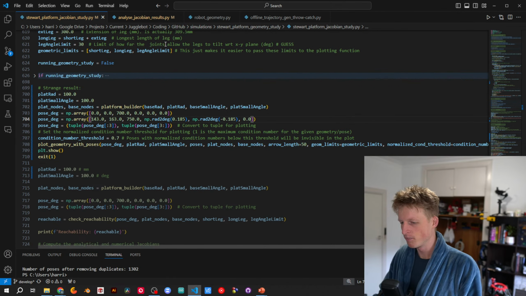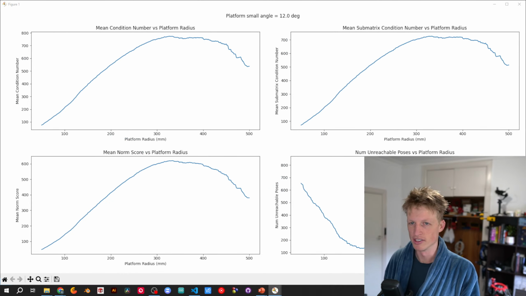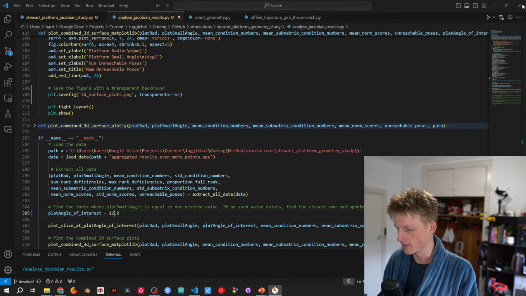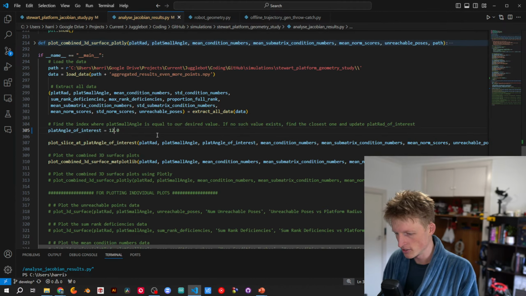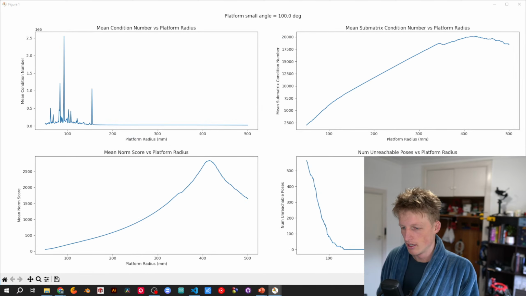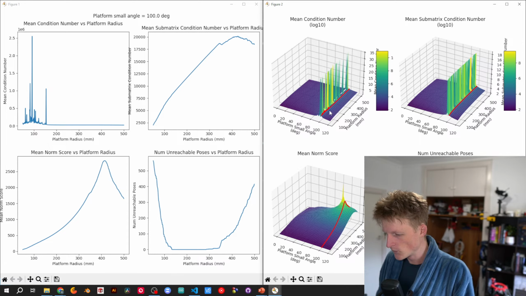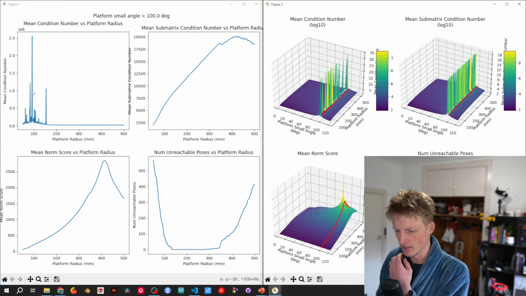I think that this is a result of some sort of numerical instability. So we can see from our big plot before, let's take a slice at 100 degrees so we can see what this looks like. Put that there. We can see that there's a lot of craziness going on here.